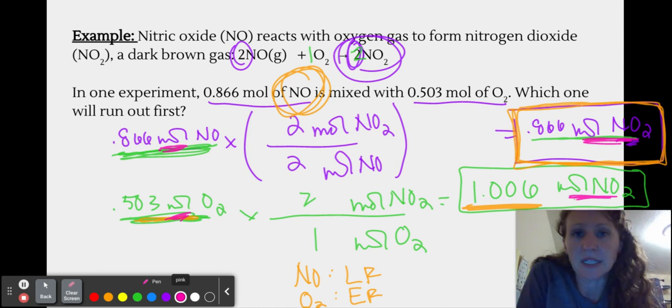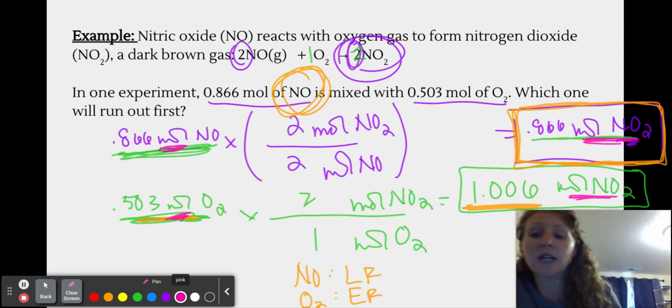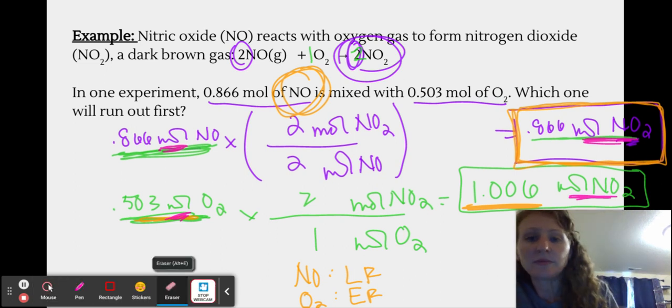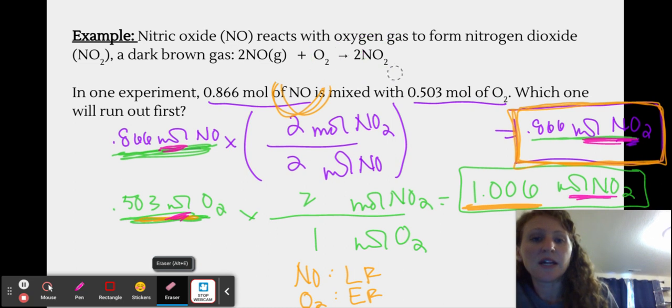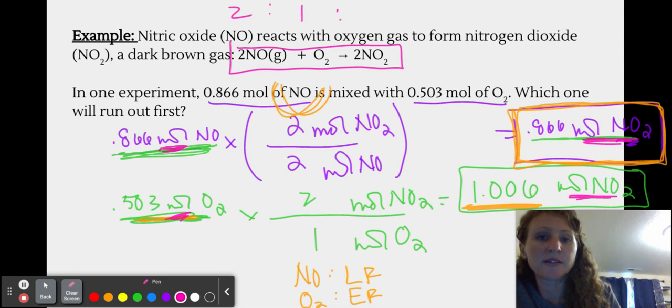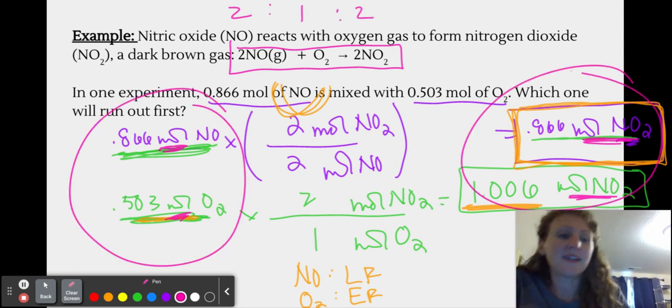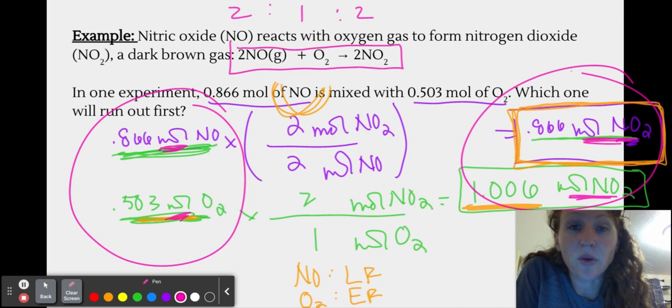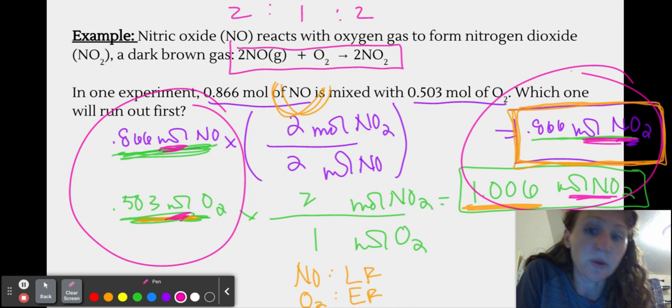It's not a measurement. It's not mass. It's not volume. It's a counted amount. So because our reaction up here is listed in counted amounts, 2 to 1 to 2, we're also going to compare in counted amounts. So that's why we did this whole thing in moles and we didn't try to go to grams or liters or molecules. Okay, so reflect on that a little bit.